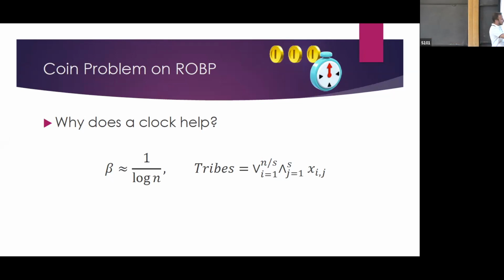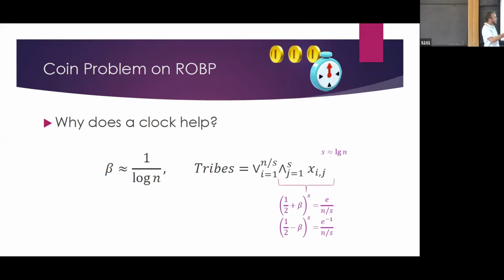So again, we talked about these read-once Boolean formulas. Look at this formula I have here. It's called the tribes formula. So basically, I have OR gates between tribes where each tribe is an AND gate of S variables. What can I do with that?